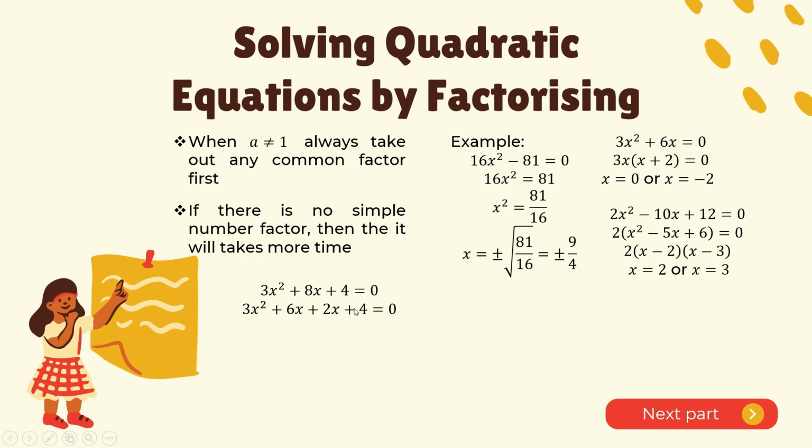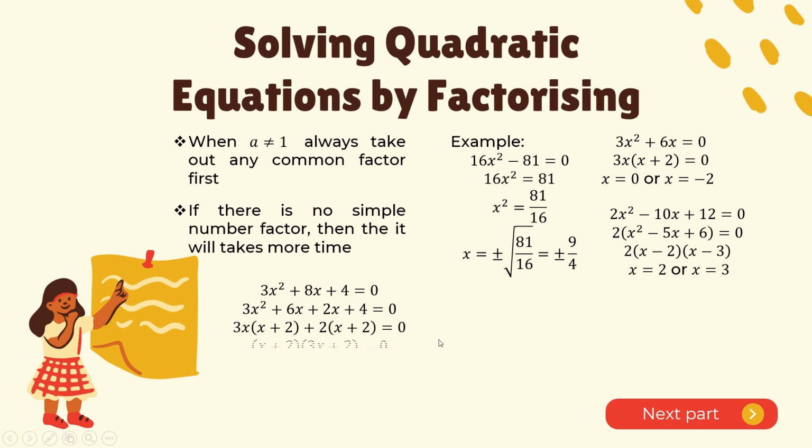After we find this form, you can see that the first two terms have a common factor, and the last two terms also have a common factor. So we take out the common factors and we get this form. After that, you can see the common factor is x plus 2.